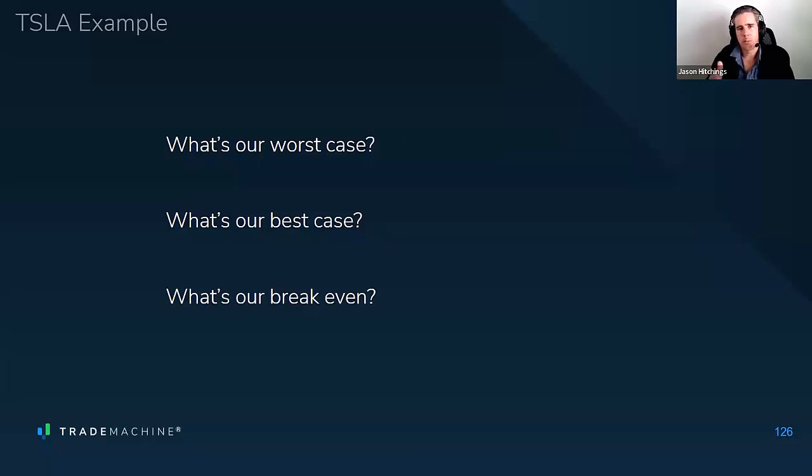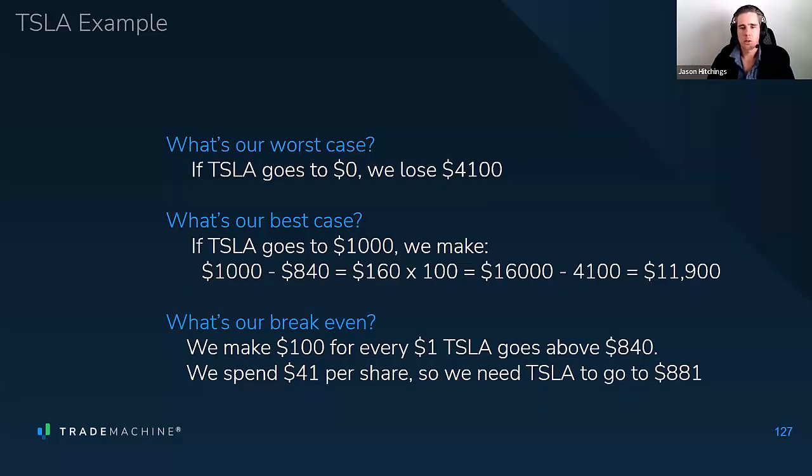So every time the stock goes up $1, if it stays there by expiration, then we're going to make an extra $100. But this contract cost us $4,100, so we need Tesla to go up $41 to break even. So here's that breakdown, and this shows if somehow it gets to $1,000, then we're going to make close to $12,000, however likely or unlikely that is. And our break even is going to be around 881 for Tesla.